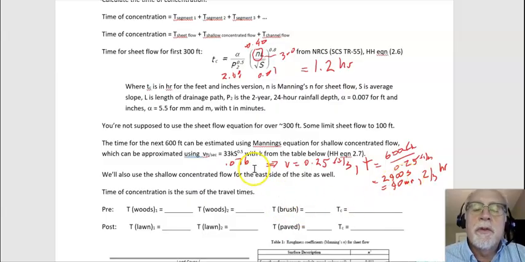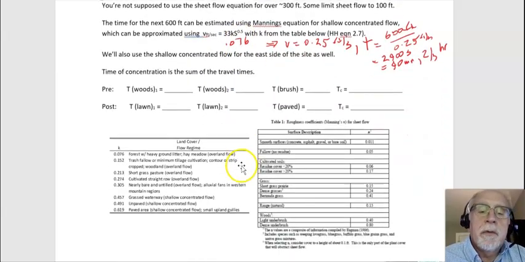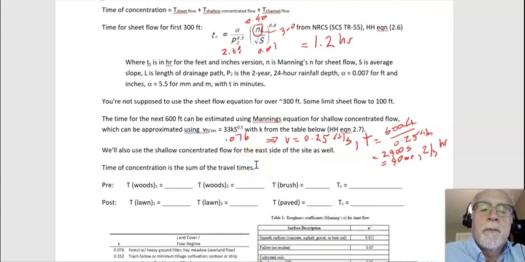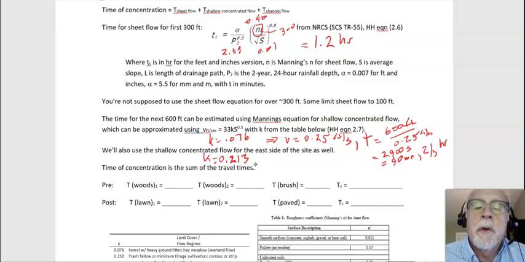Then we'll use the same equation on the east side of the site. I'm going to choose a k of 0.213. Why do they give us 3 digits when there's so much uncertainty in this? I don't know.